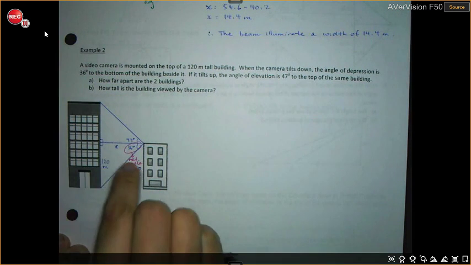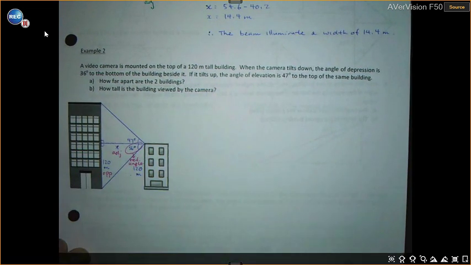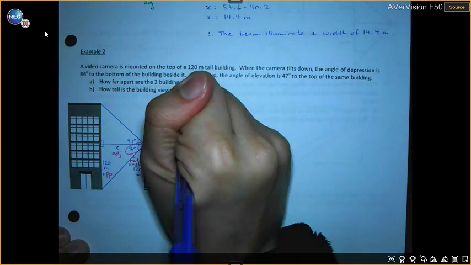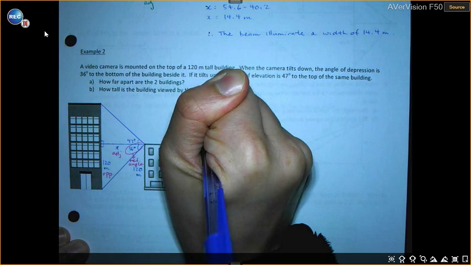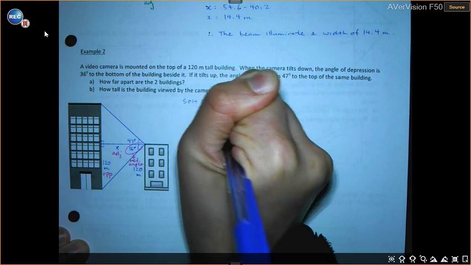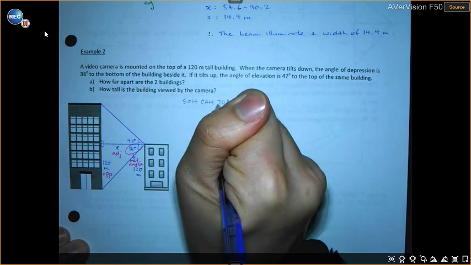The side that we're trying to find is the adjacent. The side that's given is the opposite. So based on the primary trig ratios, opposite and adjacent, we'll use tangent.